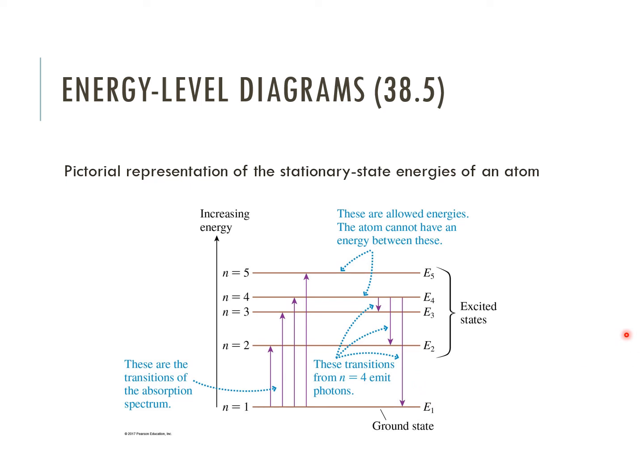Many different ways in which I can emit a light wave. Only some I can absorb. So E4 to E1, and E1 to E4, same wavelength. E4 to 3 and E4 to 2, different wavelengths. And you can do this for 5 and 3 as well.